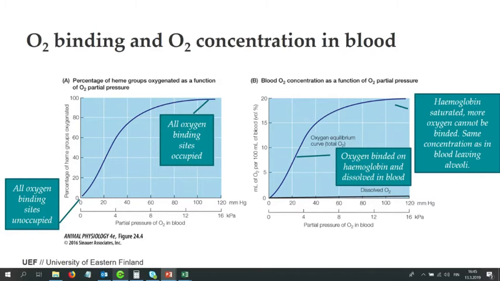So that's why we can't carry in the blood more than 200 milliliters per liter of blood. And actually that's exactly the same amount that we are carrying in the blood that is leaving the alveoles. So that's why we have just this oxygen affinity in our hemoglobin.